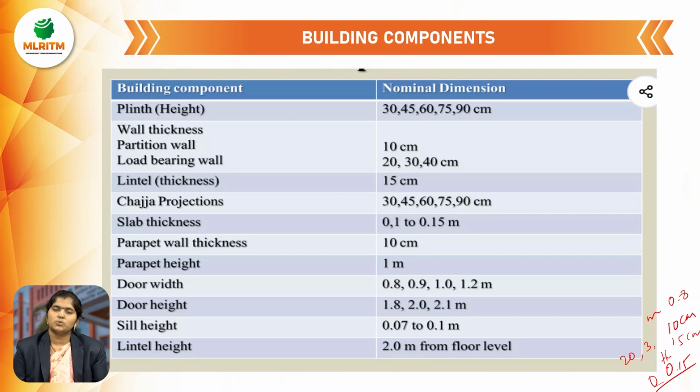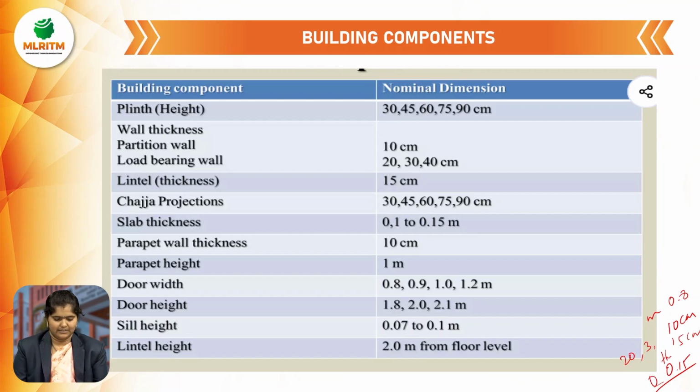This also depends upon rooms, whether master bedroom, main door, washroom, or kitchen. So depending upon the room dimensions we decide the door width, and door height 1.8 meters, 2 meters, 2.1 meters. Sill height 0.07 to 0.1 meters.